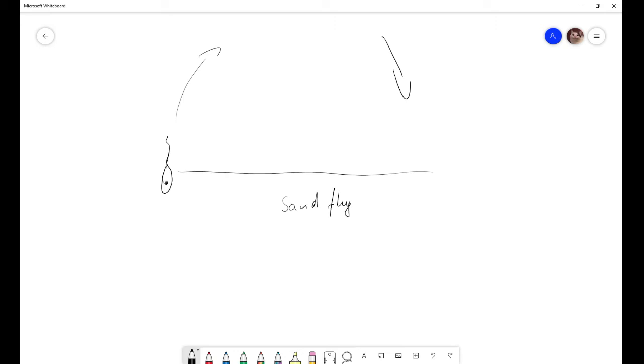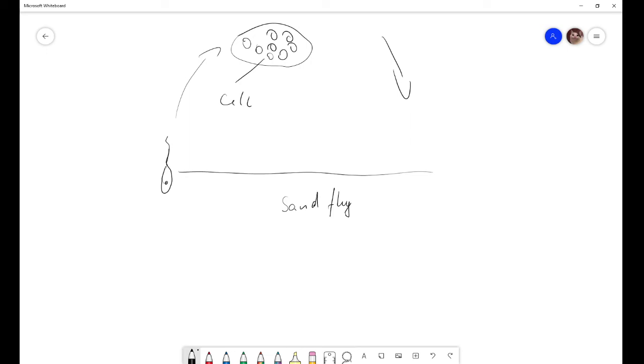Leishmania donovani must go to visceral organs. Okay, this is a cell of our organism, and inside this cell we can find only the amastigota life form of Leishmania.